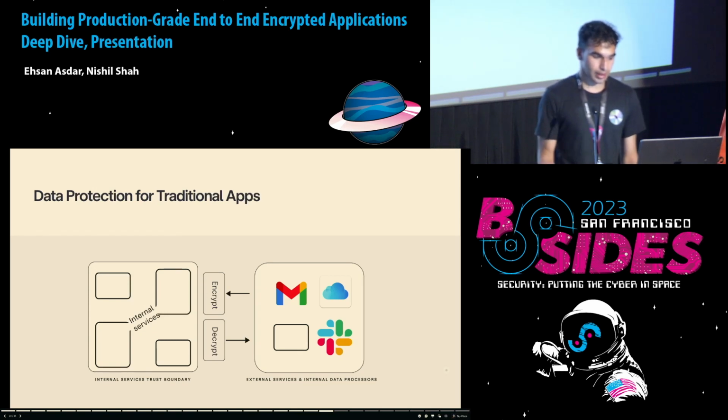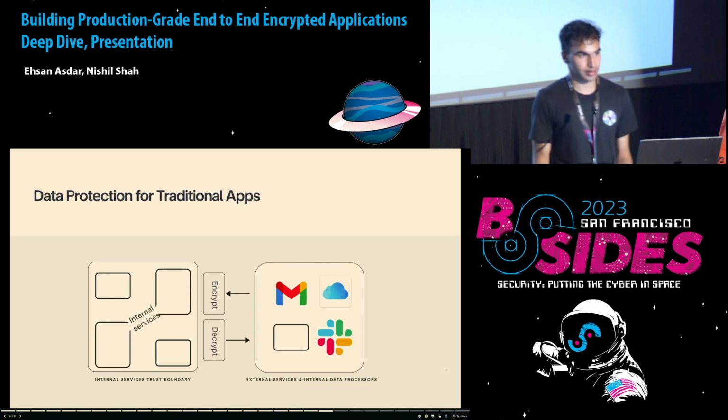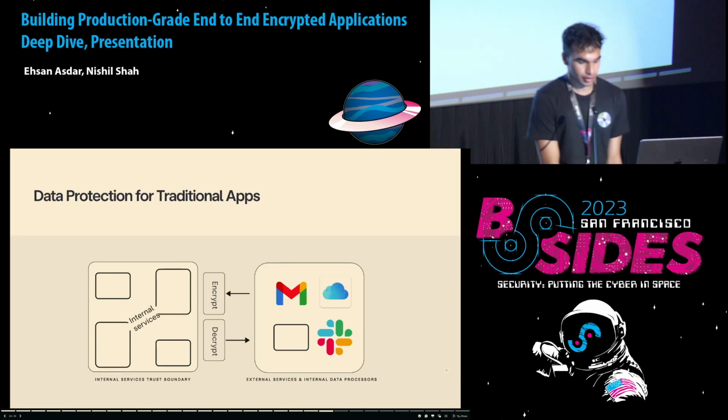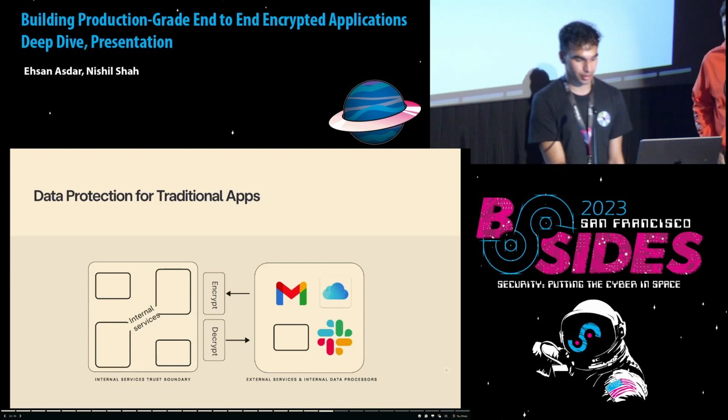And on the other side, as an engineer working on these services, you can worry a lot less about a compromise of these services compromising the user's first name or any other piece of information that's encrypted in this way, because your application is only ever operating off the ciphertext. With that, I'll turn it over to Nishil to talk about how we can use this end-to-end encrypted context to enable many product features in different end-to-end encrypted applications.